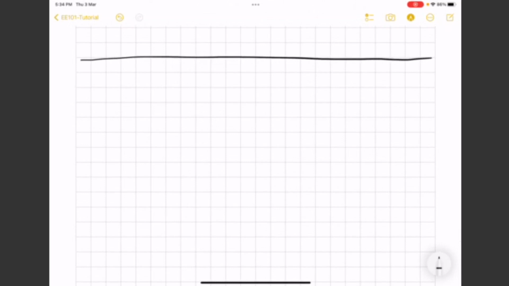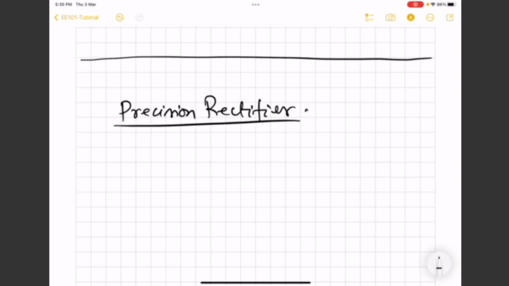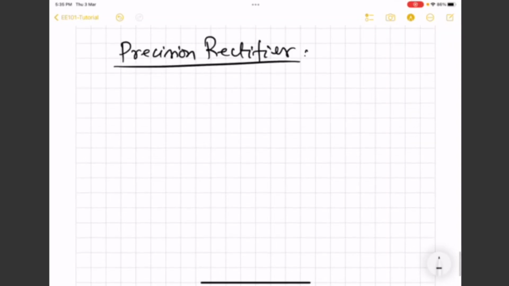So now we are going to use a diode at the location of Z2, and we will see that it leads to rectification. So we are now going to talk about the precision rectifier. Before we go to this, we have already seen the rectifier.